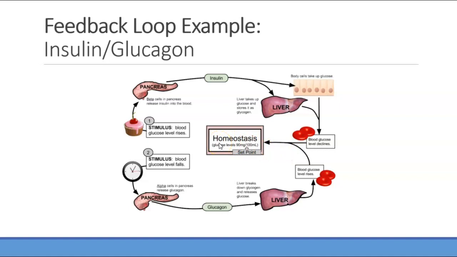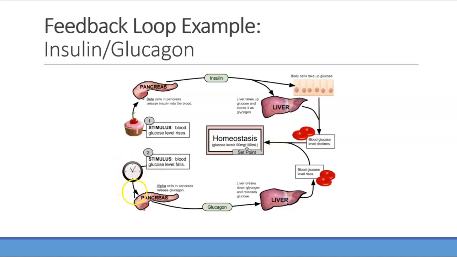Now, let's take an opposite feedback loop. Let's say it's now 11 o'clock in the morning, you ate breakfast at 7, you're starting to feel really hungry, you're sitting in pharmacology and you're like, oh my gosh, I could eat my left leg, I'm so hungry.